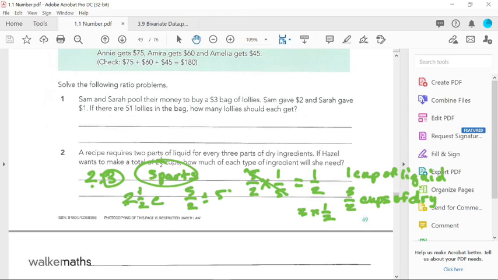Now, because we started off with a mixed number in our original, they're probably going to want one in their answer. To me, 3/2 is perfectly fine, but what should you make it? Since they started off with mixed numbers, 1.5 cups of dry. And again, we usually do mixed numerals for word problems.